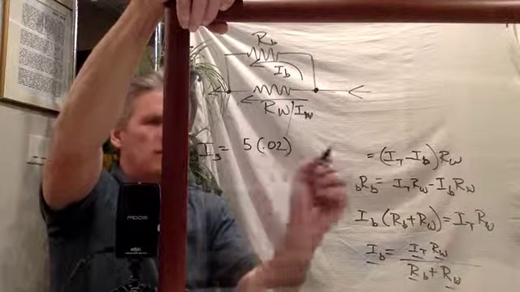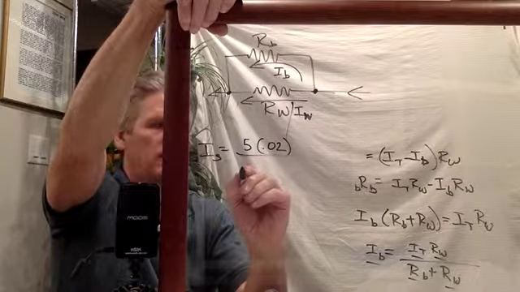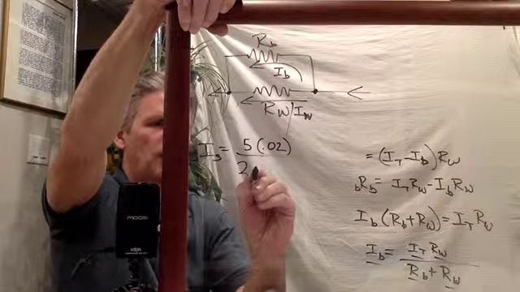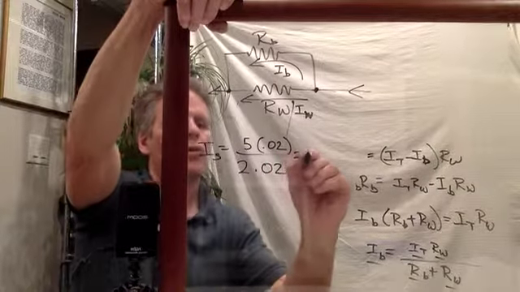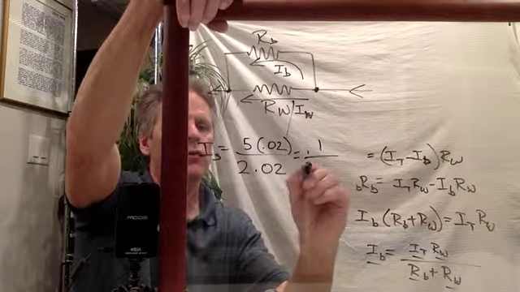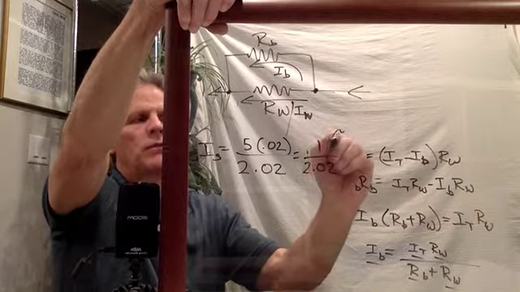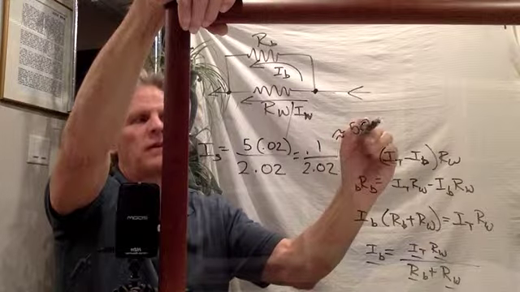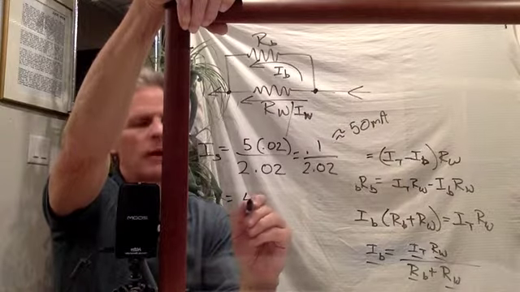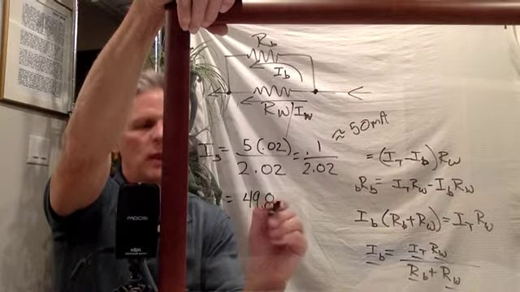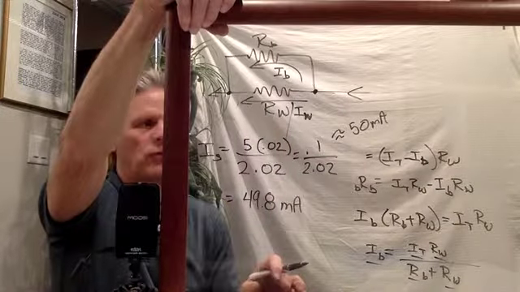So the IT times RW for the sparrow, over RW plus RB, which is the 2 ohms for each of them. So this is 2.02. So we have 0.1 over 2.02. Well, what did we estimate it was before? We thought it was exactly 50 milliamps. In this particular case, it ends up being something like 49.8 milliamps. So you can see it's changed a little, but you also see why the approximation is just fine.